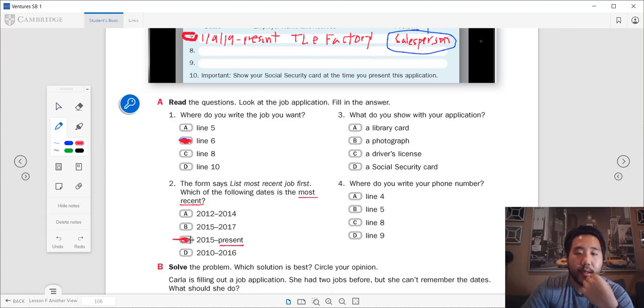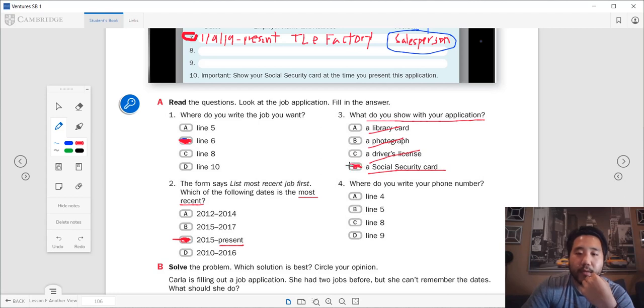And then number 3, what do you show with your application? If we go back to the job application at line 10, it says important, show your social security card at the time you present this application. So not a library card, we don't need a library card. Photograph, no. They didn't mention anything about a driver's license, but we do need a social security card for my application.